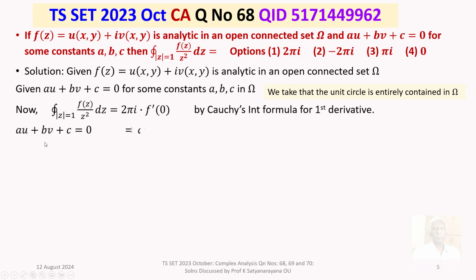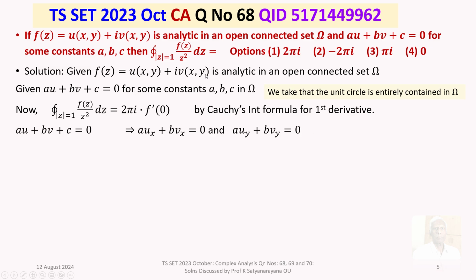We have au + bv + c = 0. Differentiate partially with respect to x, then a u_x, that is ∂u/∂x, plus b v_x is equal to 0. And differentiate partially with respect to y, you will get a u_y + b v_y = 0.